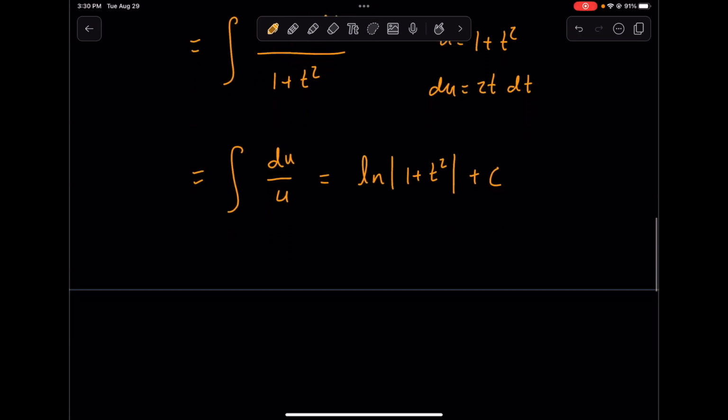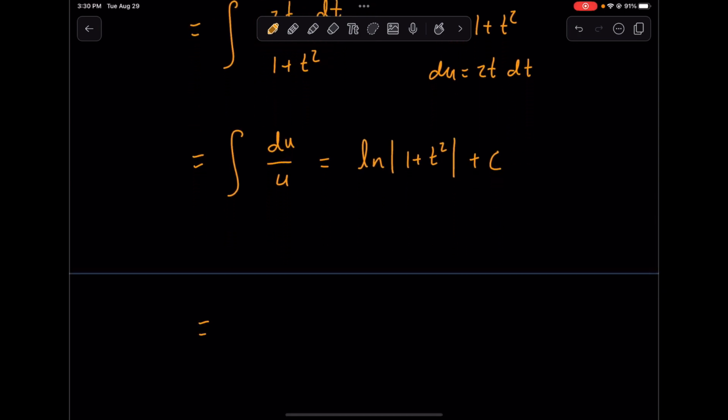And all we have to do now is substitute back in for t. So that's equal to ln absolute value of 1 plus, and we know that t is tangent of x over 2, but that's t squared, plus c.